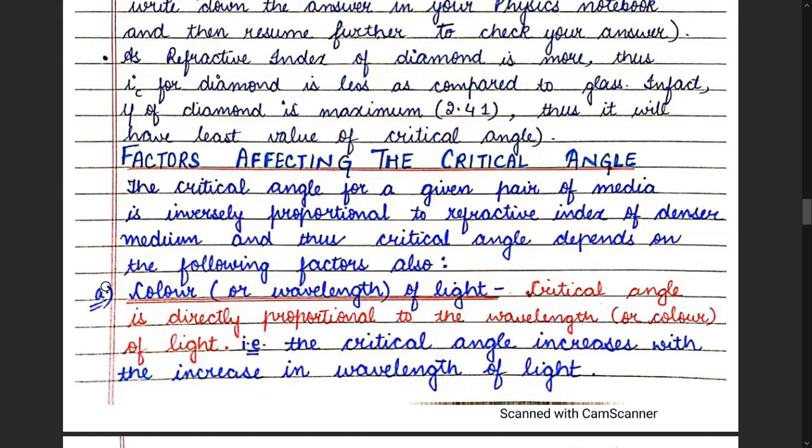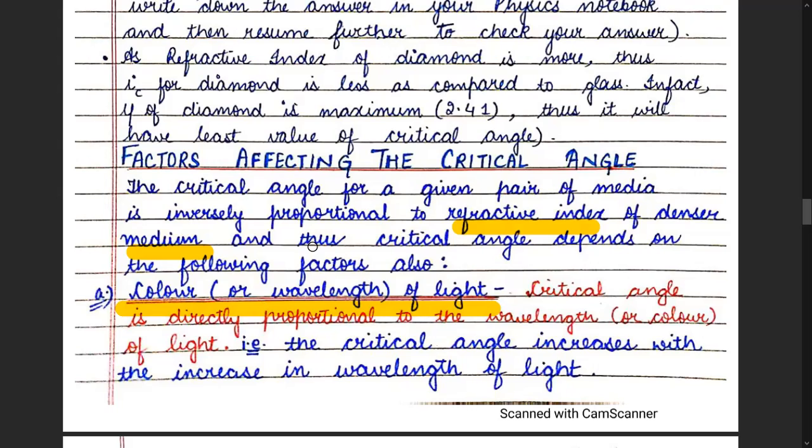The critical angle for a given pair of media is inversely proportional to the refractive index of the denser medium, and thus critical angle depends on two more factors. Firstly, color or wavelength of the light.